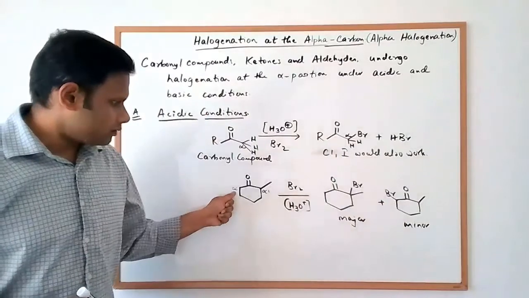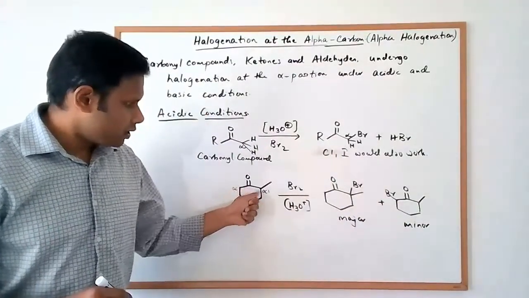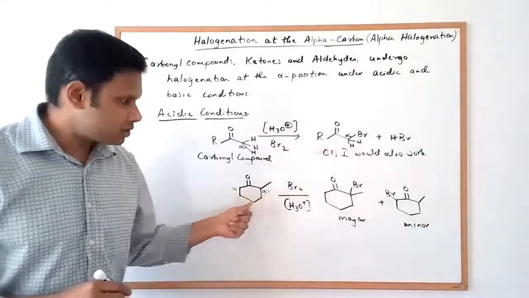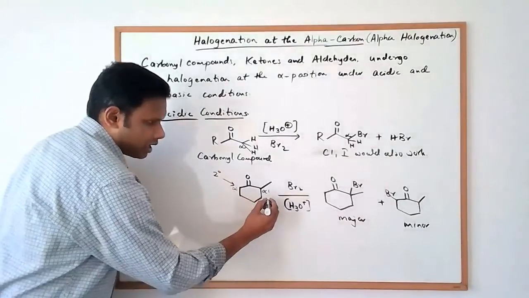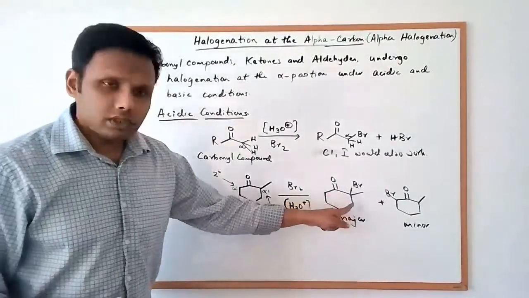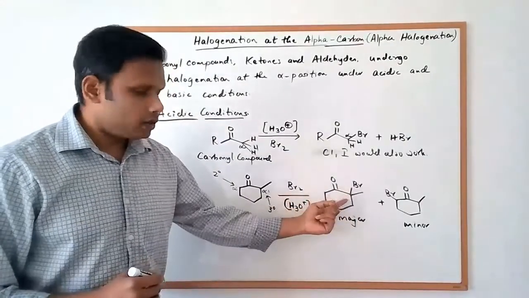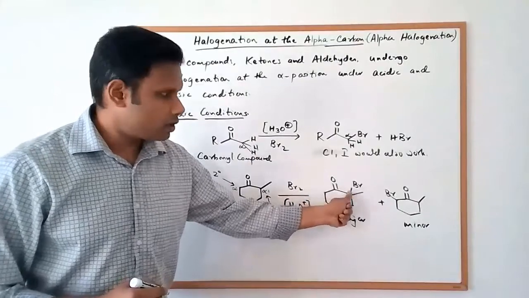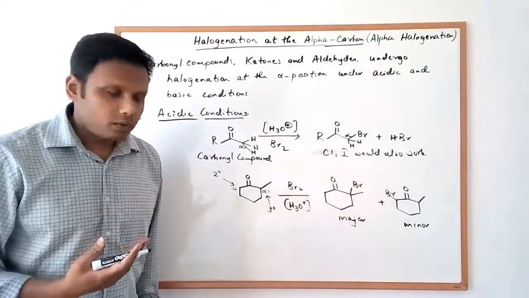So notice how alpha is only secondary in nature, whereas the alpha prime carbon is tertiary in nature. And so it turns out the major product is where the halogen ends up on the more substituted carbon, not on the less substituted carbon. Why would that be so?